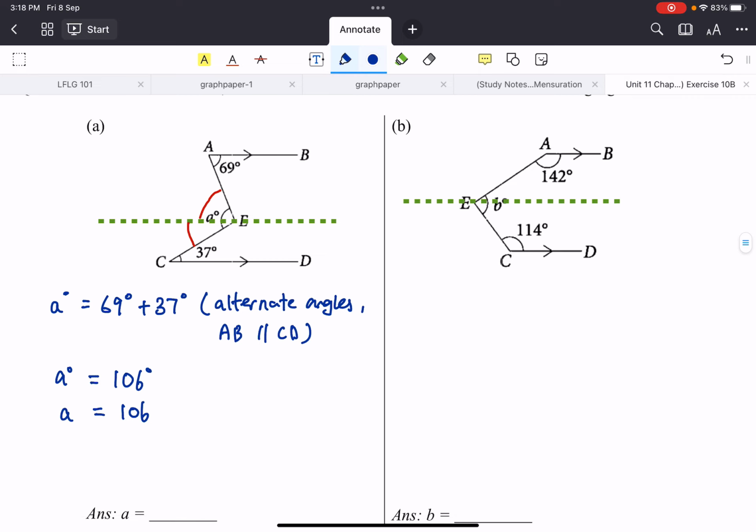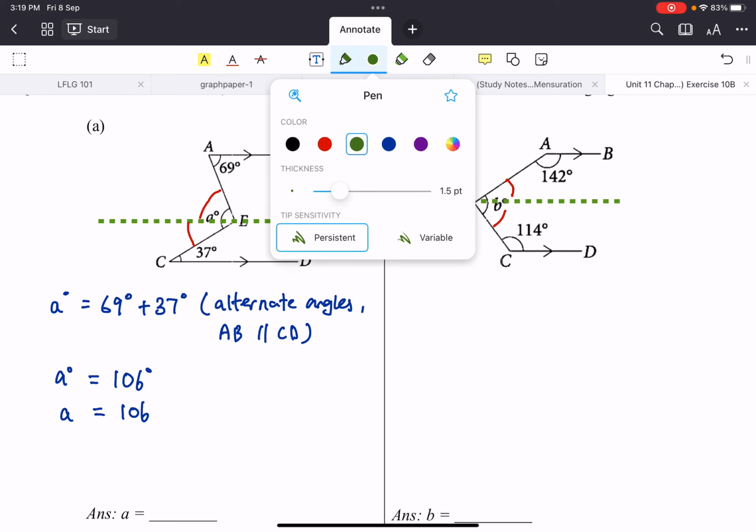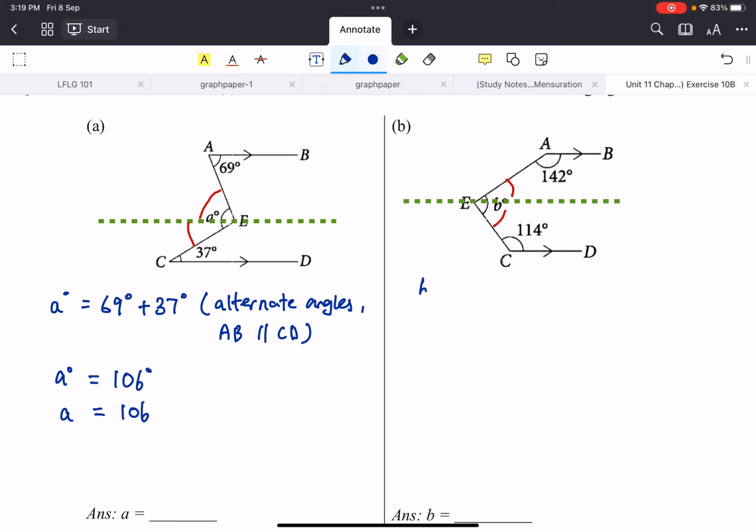Okay, now the other one, there's again a few scenarios. There are two ways of doing this. We can actually find this angle and this angle, or you can add up this angle and this angle, right? So I think I'll just do it this way. So again, this time round, I'm making use of interior angles. So B degrees, let me change the color. Let's use blue. Let's try to be a bit more consistent. B degree is equals to 180 minus 142 degrees, right?